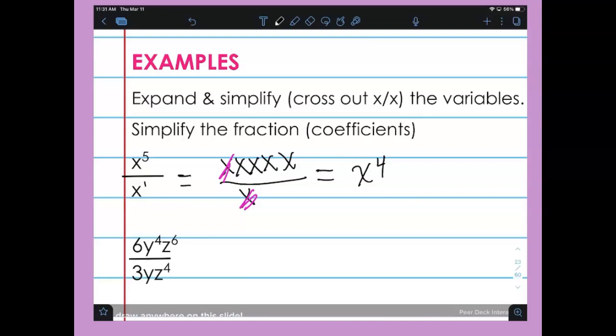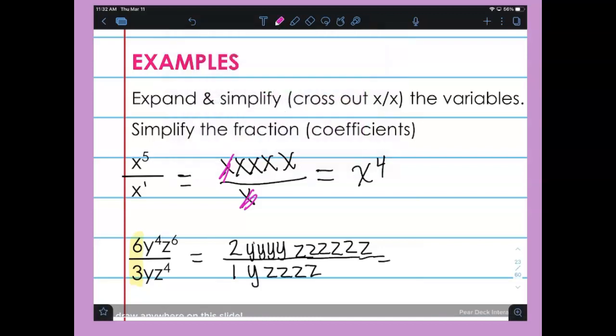Now for the one below, remember that it has to be the same thing divided by itself in order for it to turn into a 1. When we expand this one, because we have some coefficients, the first thing we do is simplify the fraction 6 over 3, which is 2 over 1. Then I have 4 y's and 6 z's, 1, 2, 3, 4, 5, 6, and then we have 1 y and 4 z's.